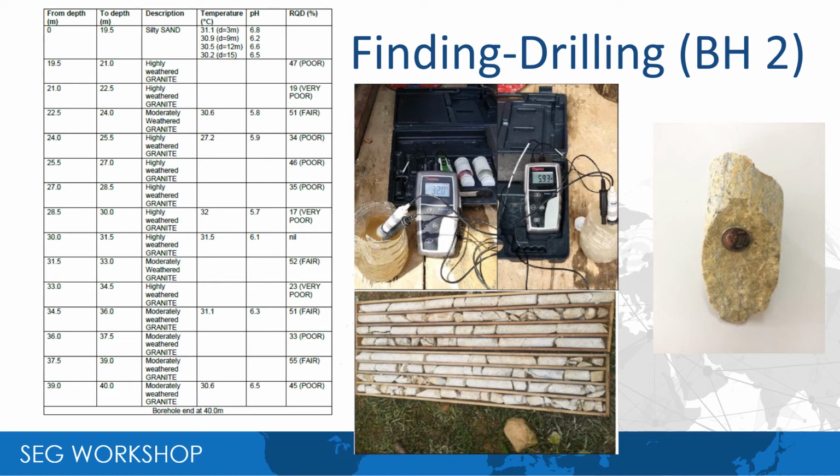We went up to 40 meters depth, and then we recorded the temperature, pH, and RQD value. So basically for borehole number 2, the maximum temperature we captured is 31.5 or 32, and the pH value is 6.5, the highest value 6.5.